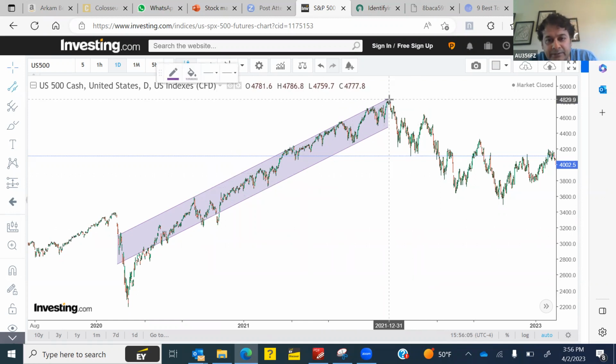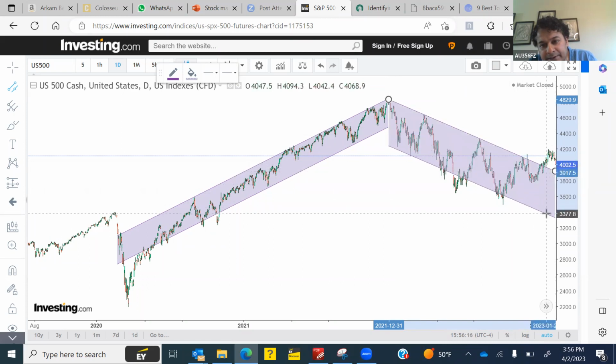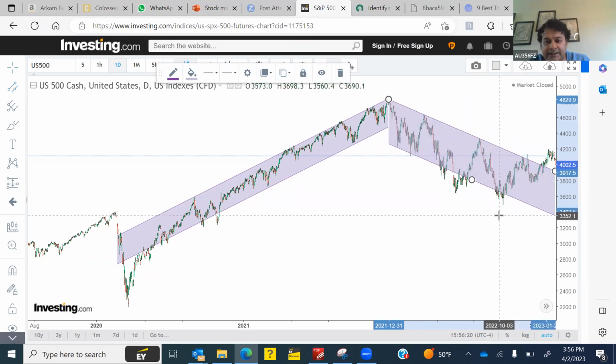So when I do this, the next channel I want to look at, which is following this one, is from the top here, going through the tops as much as possible into, let's say, here. And why I'm taking these over here, ideally this should be any point where the maximum tips are touching this line.